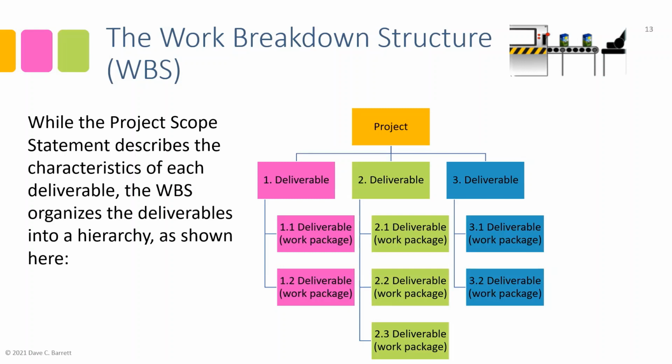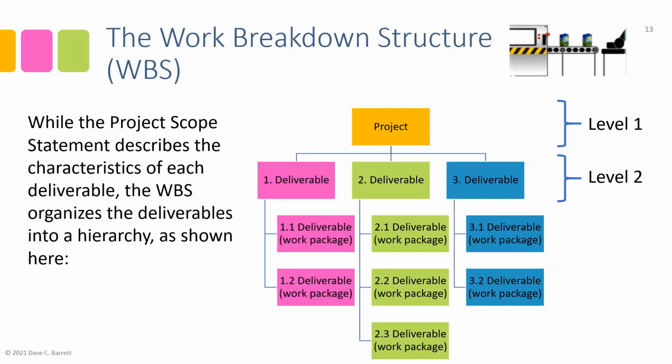Now, I just talked about there being levels within a WBS, and that's important terminology. For example, the very top of the WBS is level 1. That is the project. That's the whole thing. Level 2 is the next level down, where we take level 1 and break it, in this case, into 3 chunks.